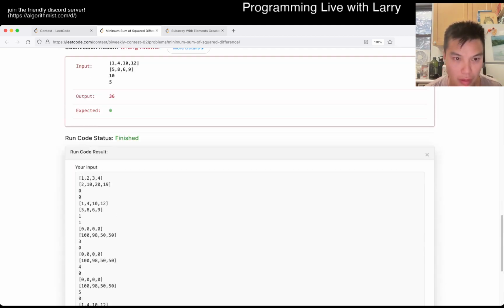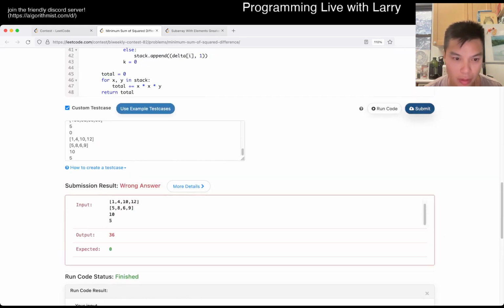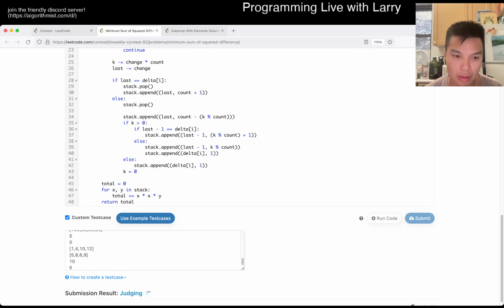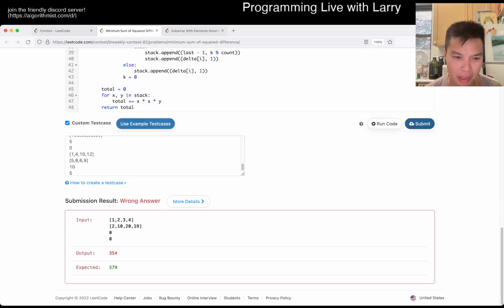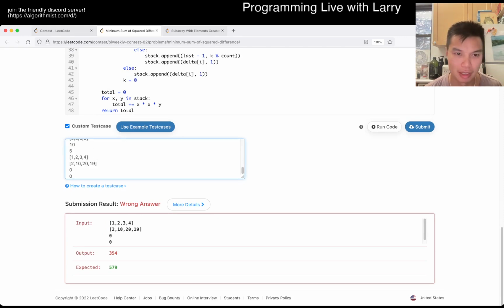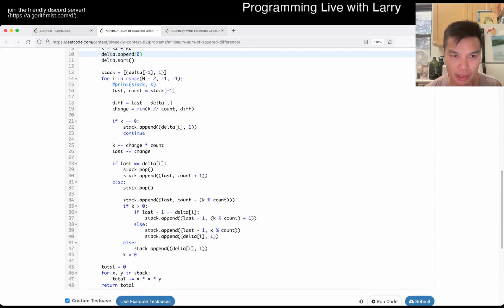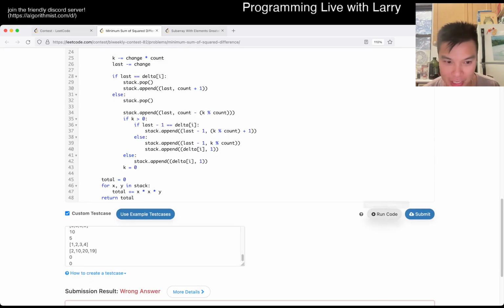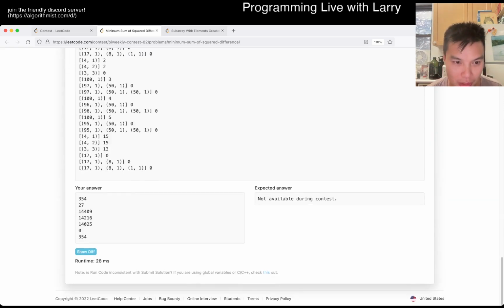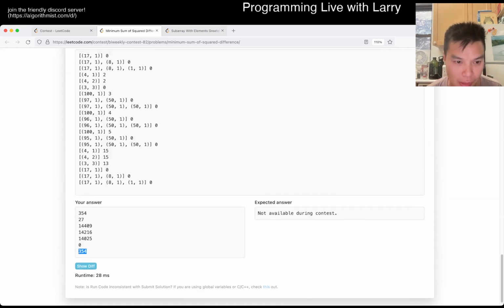Yeah, okay. I was thinking about this case, but I got it wrong anyway. Okay, well, did so much testing and still wrong, so that's actually way sad. Why is that wrong? What if 354?